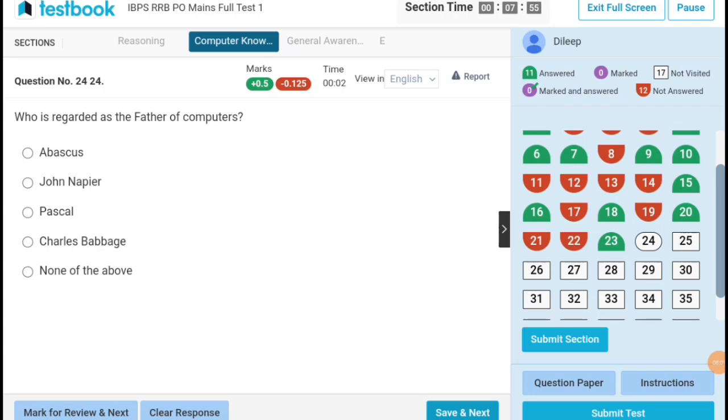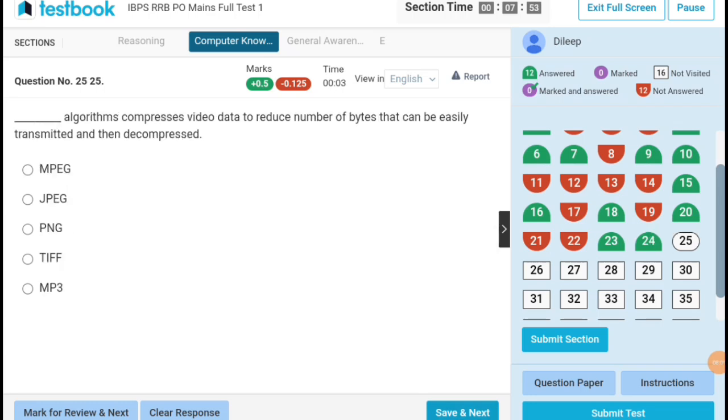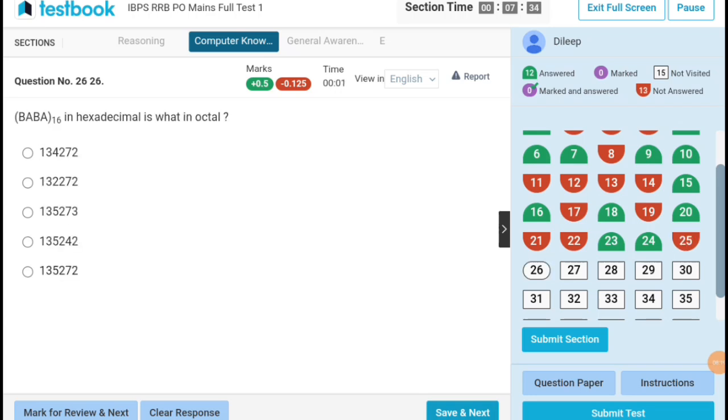Who is recorded as the father of the computer? Dash algorithms compress video data to reduce the number of bytes so it can be easily transmitted. Hexadecimal.